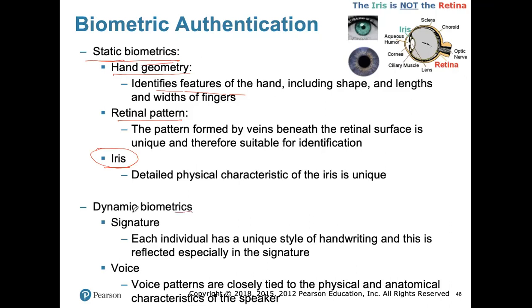In contrast, we have dynamic biometrics, which by nature bring a huge amount of change every time. For example, signature-based authentication. When I write my name as my signature, I follow some patterns, and those patterns can be extracted and used as a unique style or way of writing for authentication purposes.